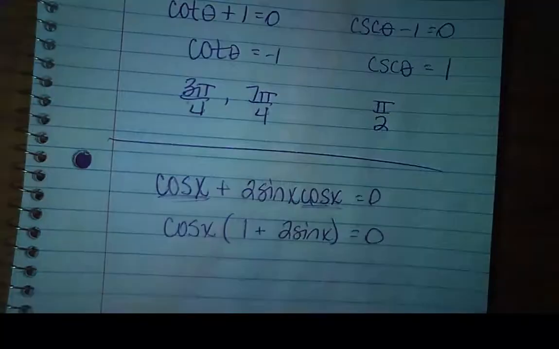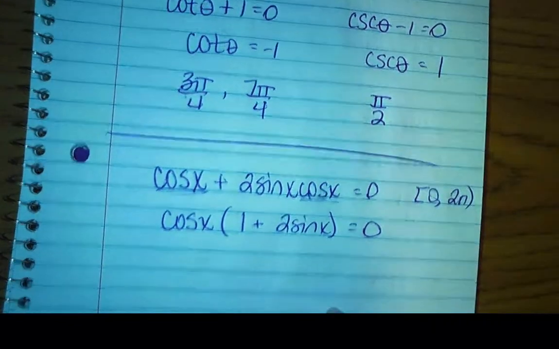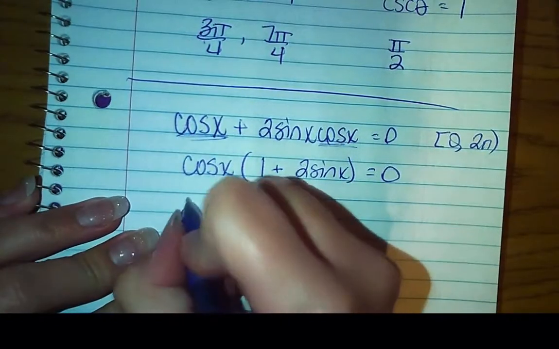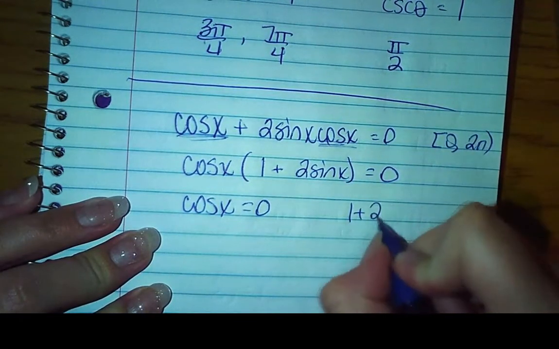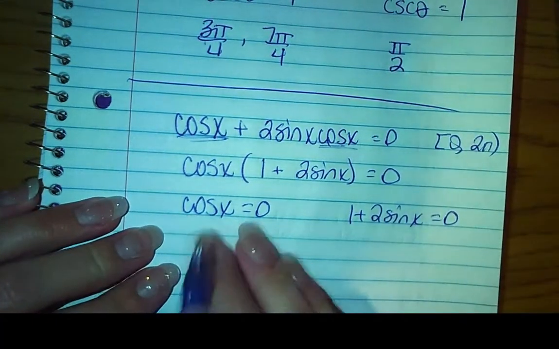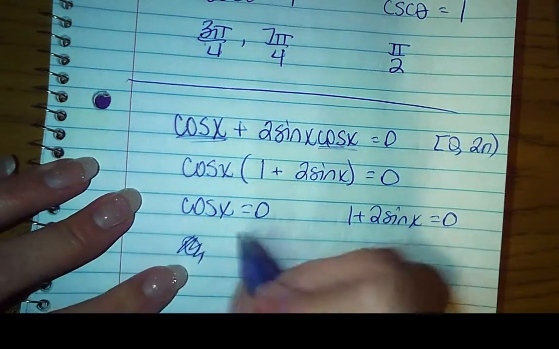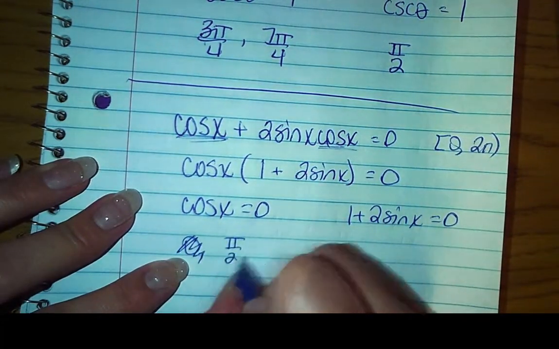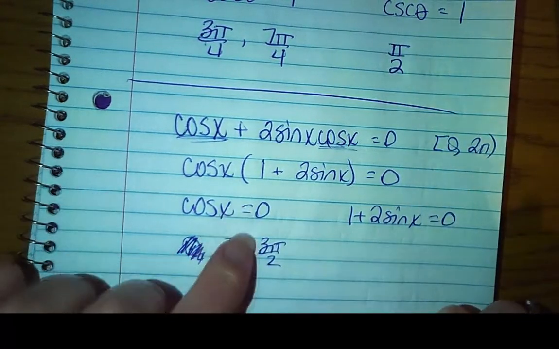And again, I'm pretty sure we're restricted to 1 lap of the unit circle. So this thing can equal 0. Where does cosine equal 0, or where does 1 plus 2 sine x equal 0? Cosine equals 0 at pi over 2 and at 3 pi over 2, so that has 2 solutions.